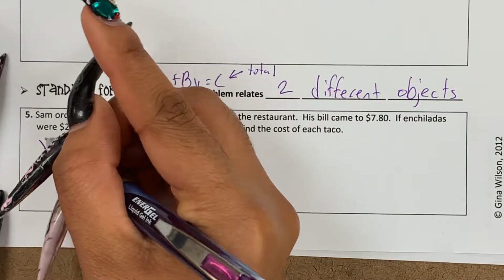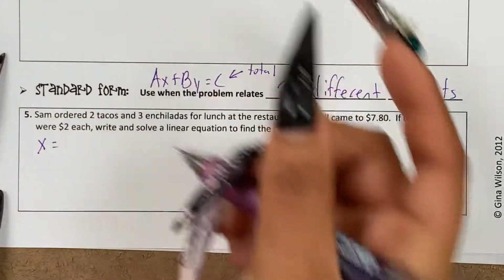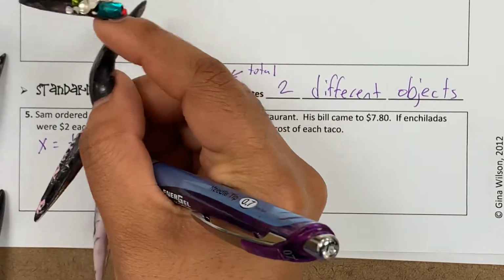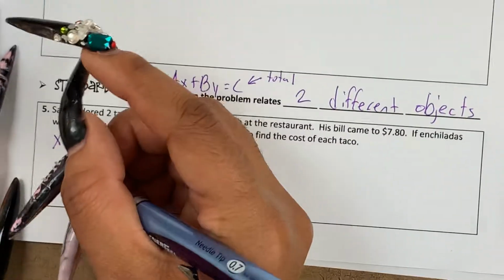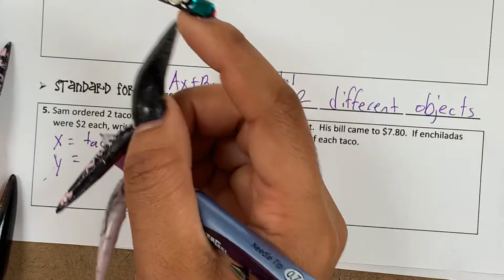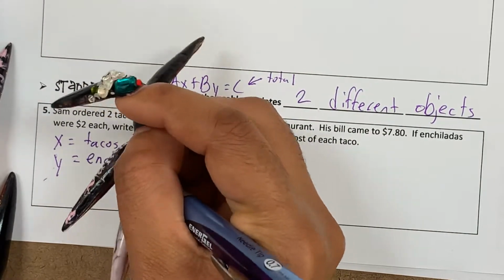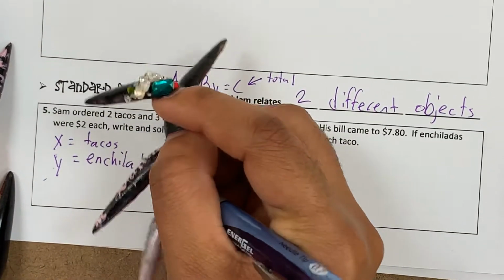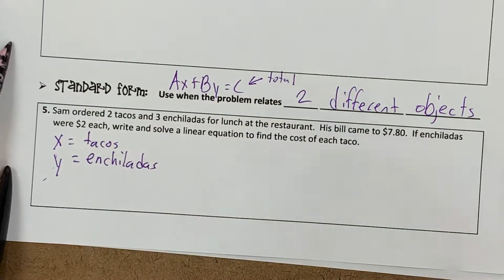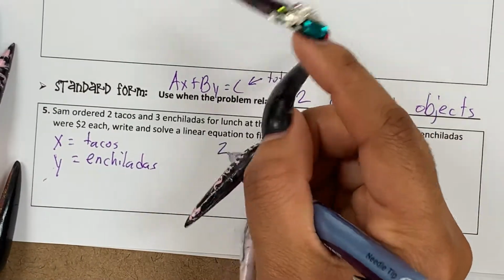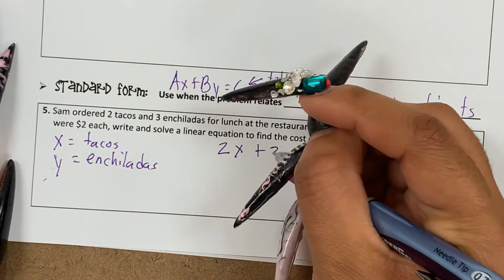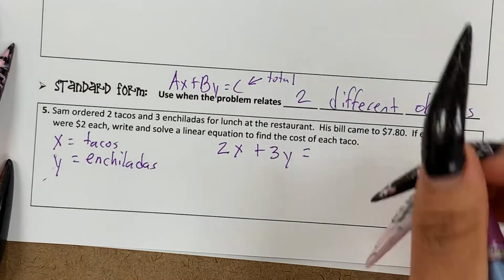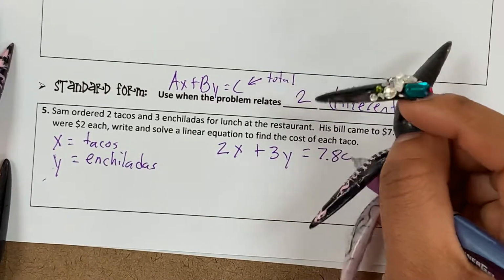So let's label X as tacos and Y as enchiladas. So Sam ordered 2 tacos plus 3 enchiladas, and his total was $7.80.